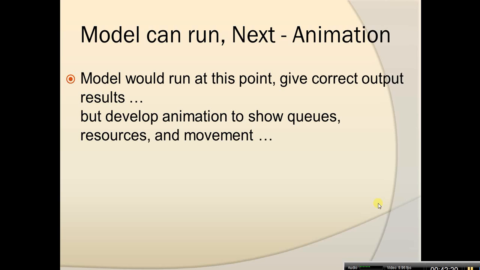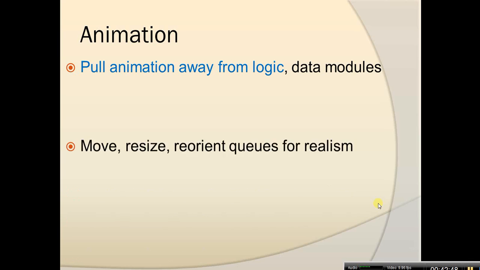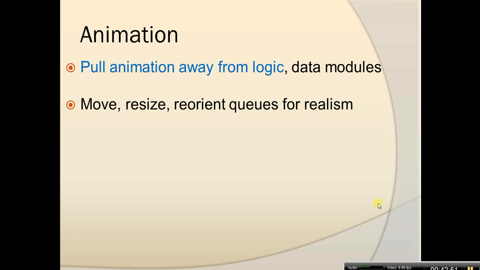And by pulling the cues apart, we can also do some other changes, like extending the cues. We can also show the resources and also show the movement as well in the animate transfer panel, right? We just need to pull the animate transfer bar or select the animate transfer. So again, as I said, by pulling the animation away from the logic, we could take care of the animation.